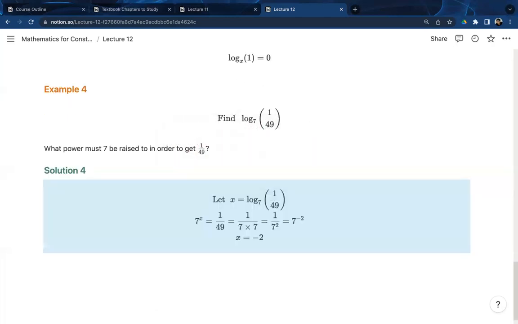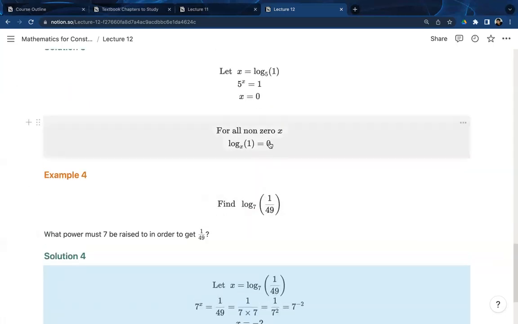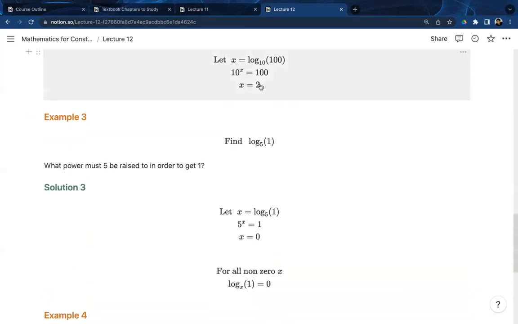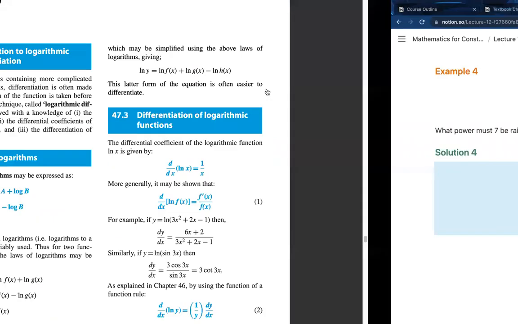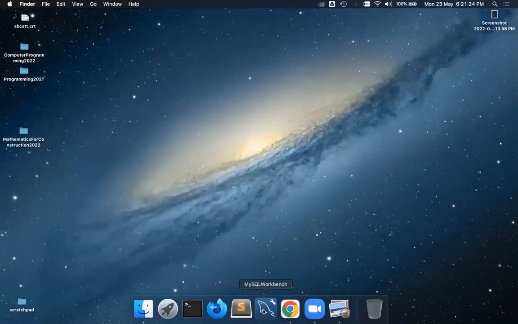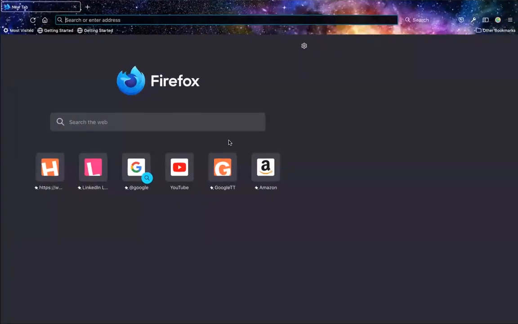So logarithms could be negative, right? Logarithms could be 0 and logarithms could be positive, right? So the logarithmic function is a smooth curve. You could check out Desmos to see it if you want. Let's see how it looks.